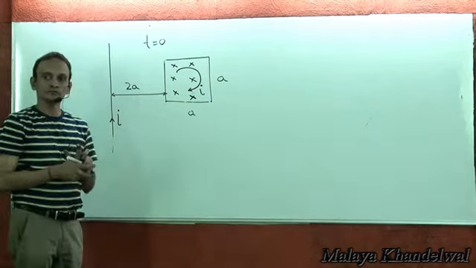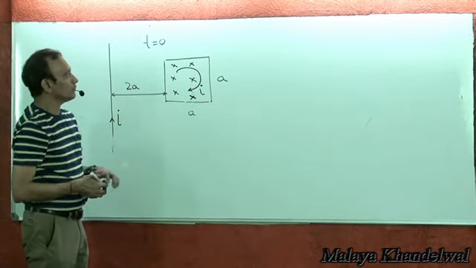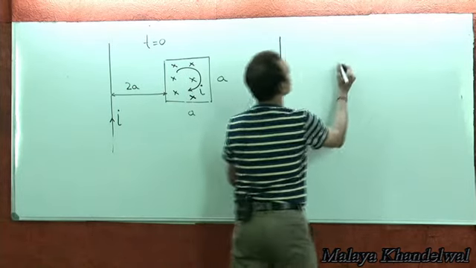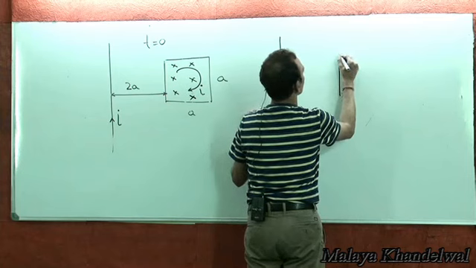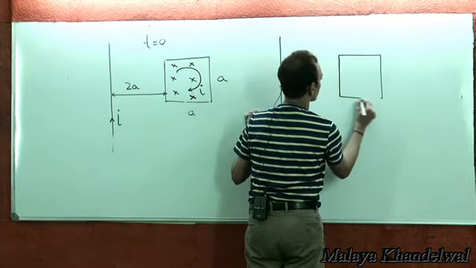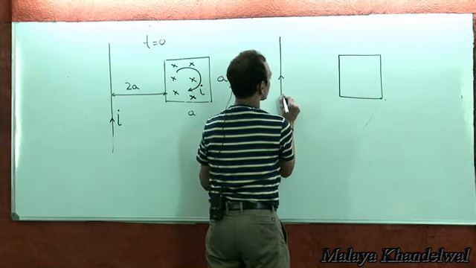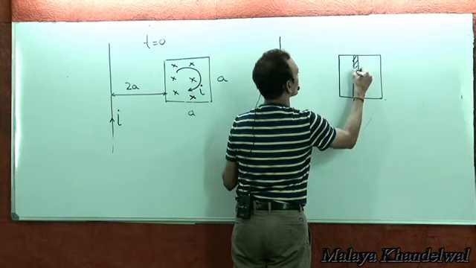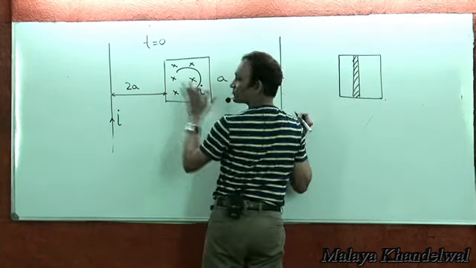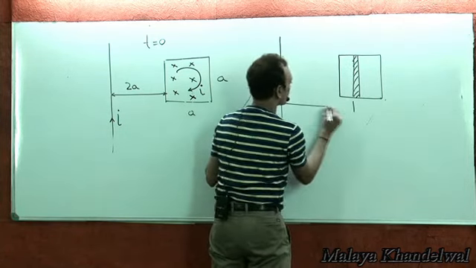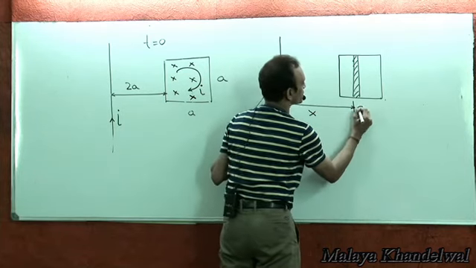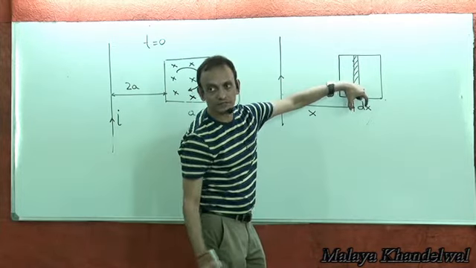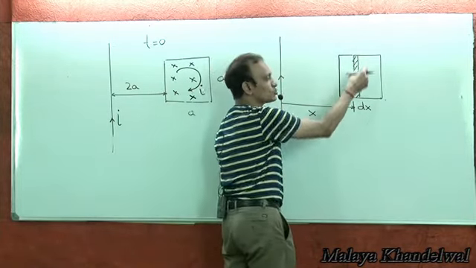Now, at this instant, for example, I take a strip at a distance x, of thickness dx. Then there is flux associated with it. What's the B associated with this?